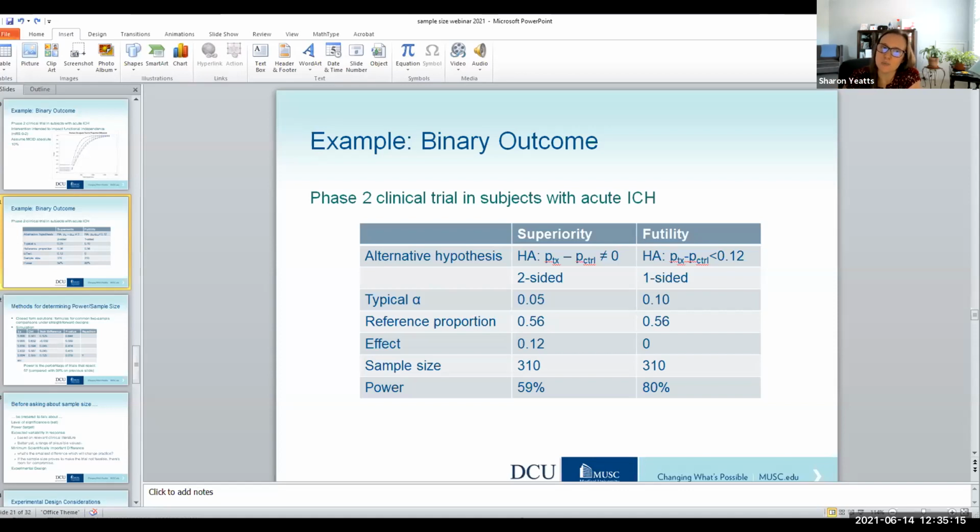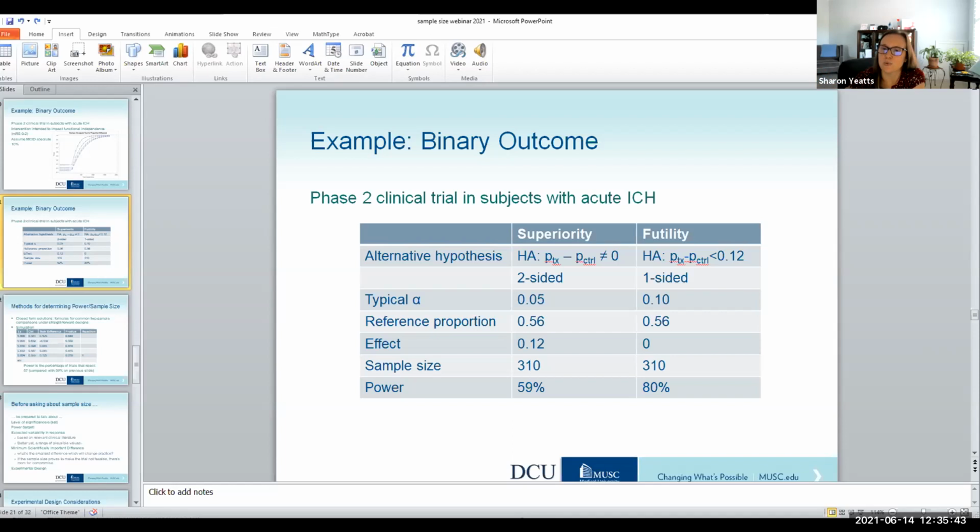So in the typical superiority space, our alternative hypothesis is that the difference between our control proportion and our treated proportion is different from 0, right? We don't care in which direction, and we know it's going to have to be a big difference in order to be statistically significant, because we have in our head that phase 2 trials are not allowed to be greater than a certain size.